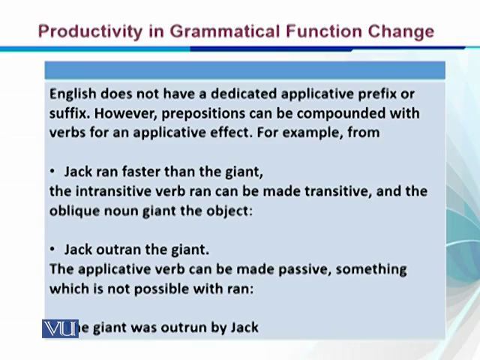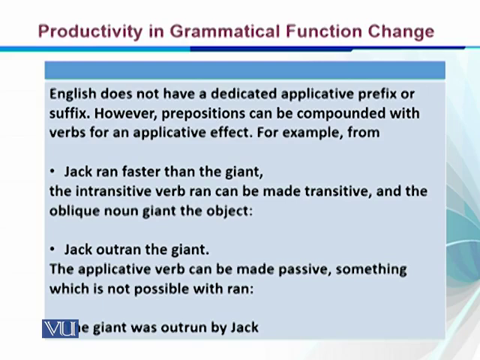So you can see, Jack ran faster than the giant. We know that ran is an intransitive verb. It cannot be put into transitive. This intransitive verb can be made transitive by the addition of a preposition, and the oblique noun giant can become its object. For example, Jack outran the giant.